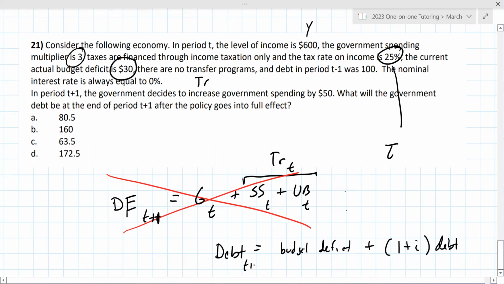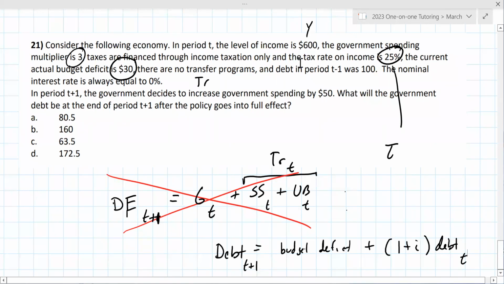So the debt in the new period equals the interest that increases on the old debt plus any budget deficit. So yes, that's the debt equation. And so now it's just a matter of figuring out what all this means.